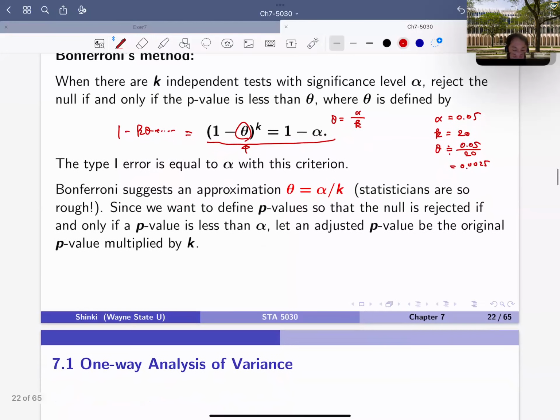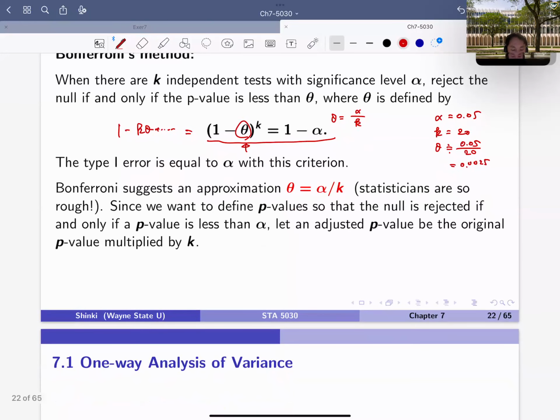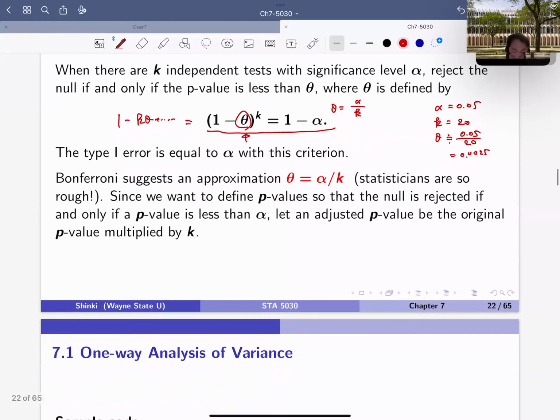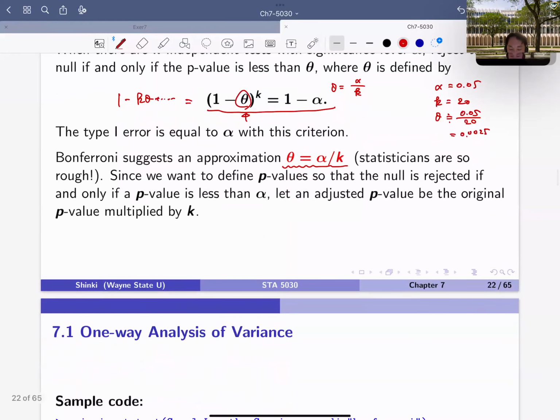So it is most reasonable to set the p-value threshold at theta if we have k independent tests. Because of this approximation, usually with k tests the threshold for the p-value is k times smaller, alpha over k. So if we have 20 tests, the threshold should be 0.0025. In this case, it is still hard to reject the null hypothesis.